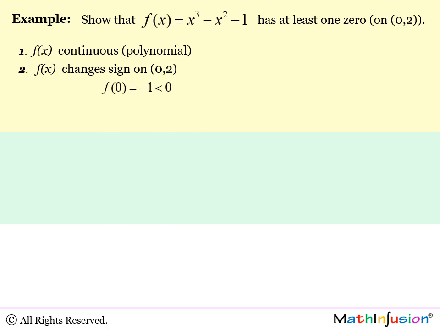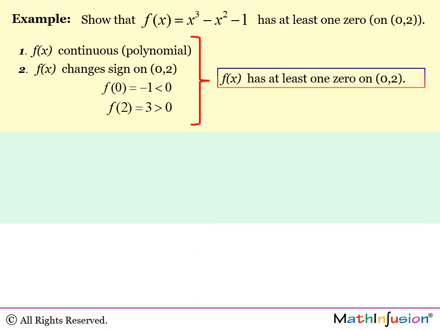Because f(0) is negative 1 and f(2) is 3, which means it is negative at f(0) and positive at f(2). So applying the theorem, we get that f(x) has at least one zero on the interval [0, 2].